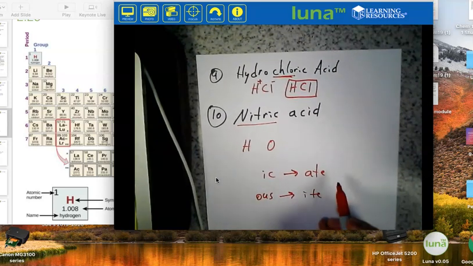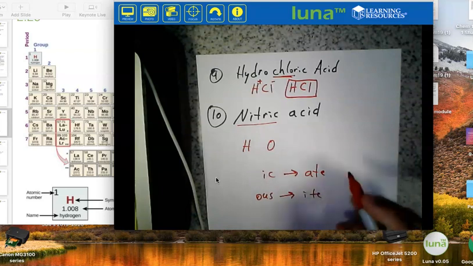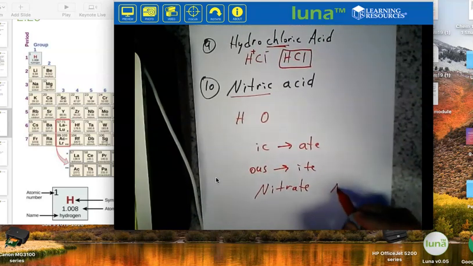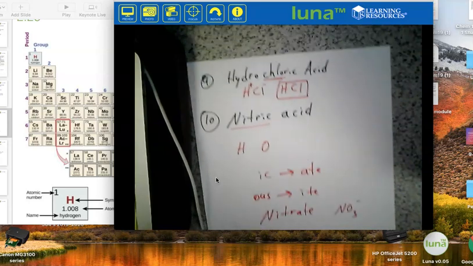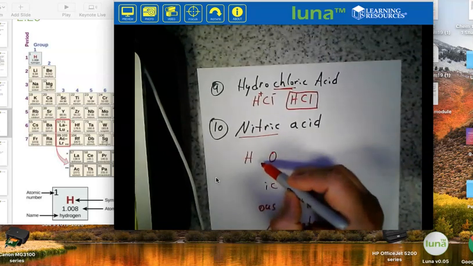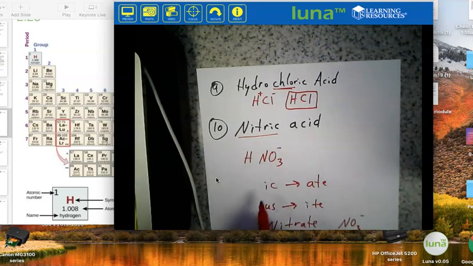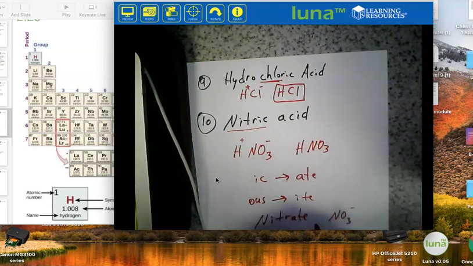Okay, so we're working backwards here like we did before. But ic came from ate, so nitric came from nitrate. Okay, so the formula for nitrate is NO3-. So let me write that in here. NO3, okay, so this whole polyatomic ion is negatively charged. The hydrogen we know is positively charged, so the formula for nitric acid is HNO3.